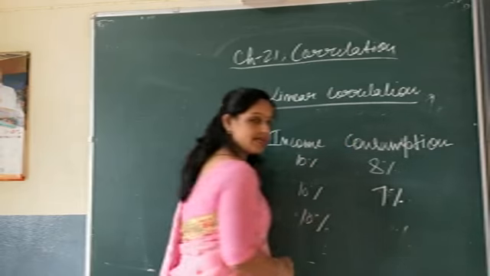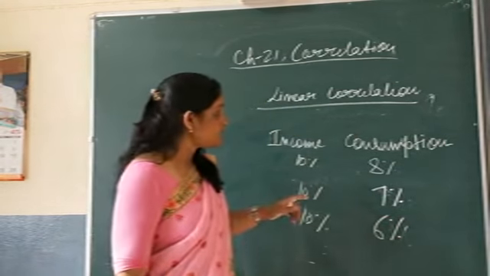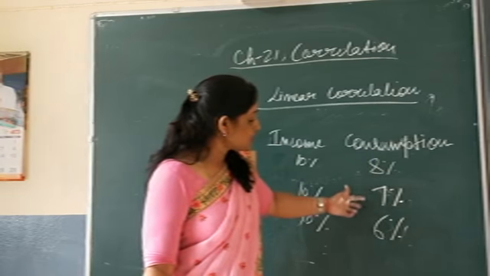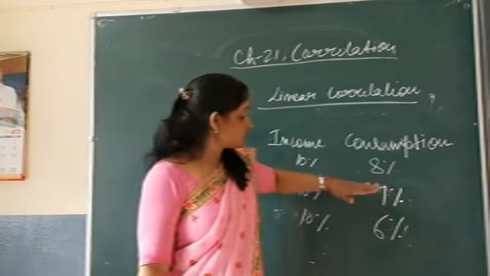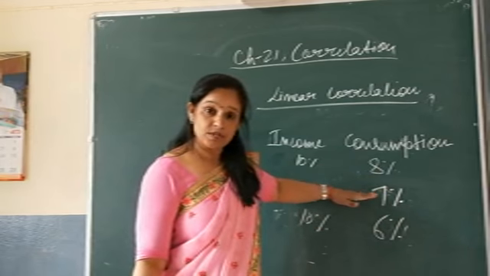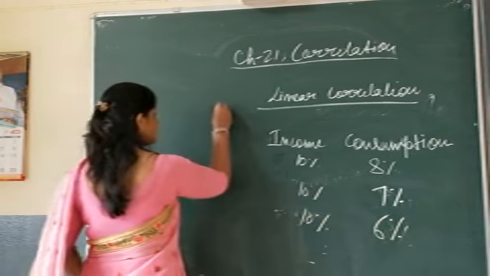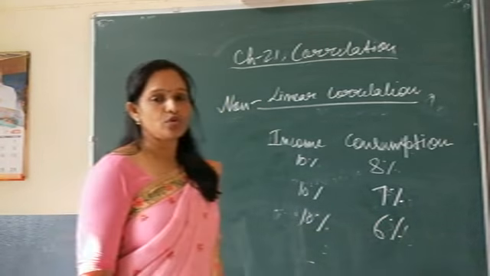But suppose with every 10% increase in income, first your consumption increases by 8%, then by 7%, then by 6%. Then we call it non-linear correlation.